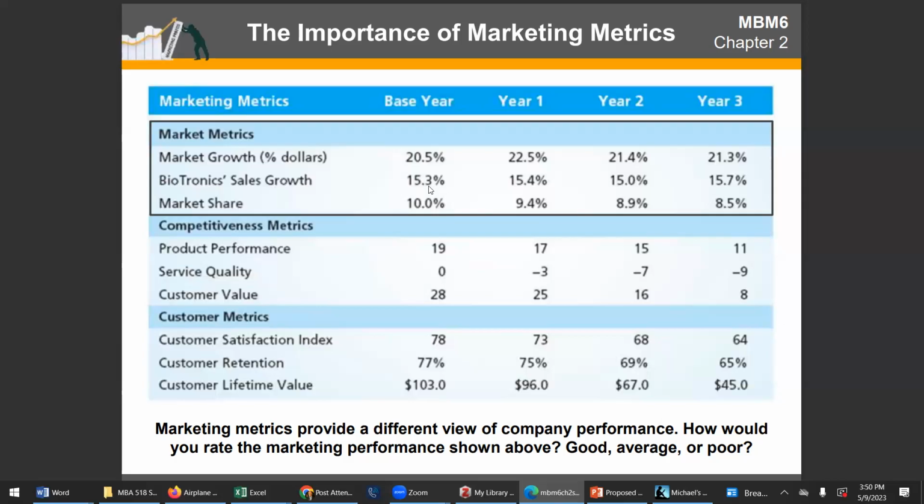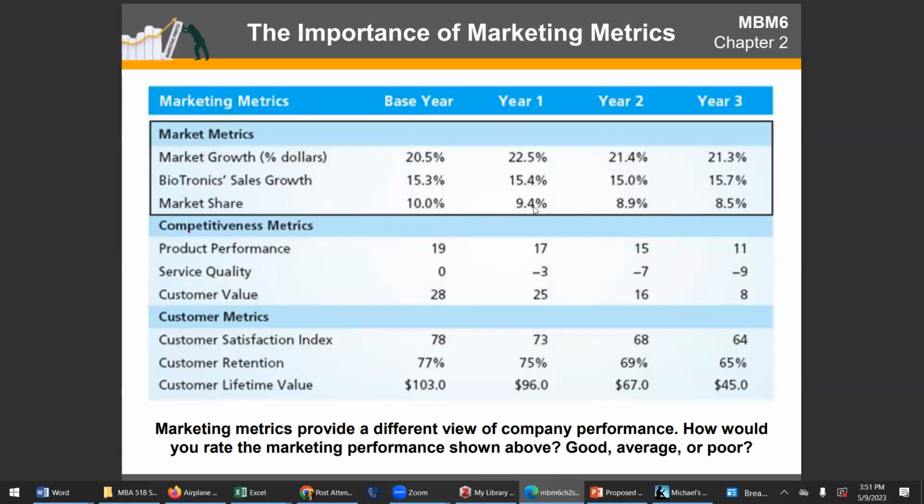Biotronics sales growth, by comparison, went up slightly from base year to year one, then went down slightly, and then went up slightly. So it seems like here you can see that if our base share was 10%, we're slipping. Okay, right?